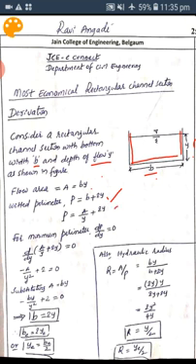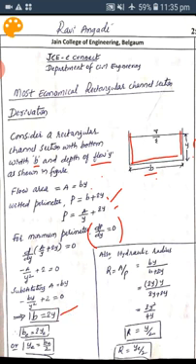As we know, to achieve a most economical channel section, the wetted perimeter should be minimum. For a minimum perimeter, dP by dy, that is differentiating the perimeter with respect to the depth of flow, since the only variable parameter here is the depth of flow, we get this condition: B equals 2y.